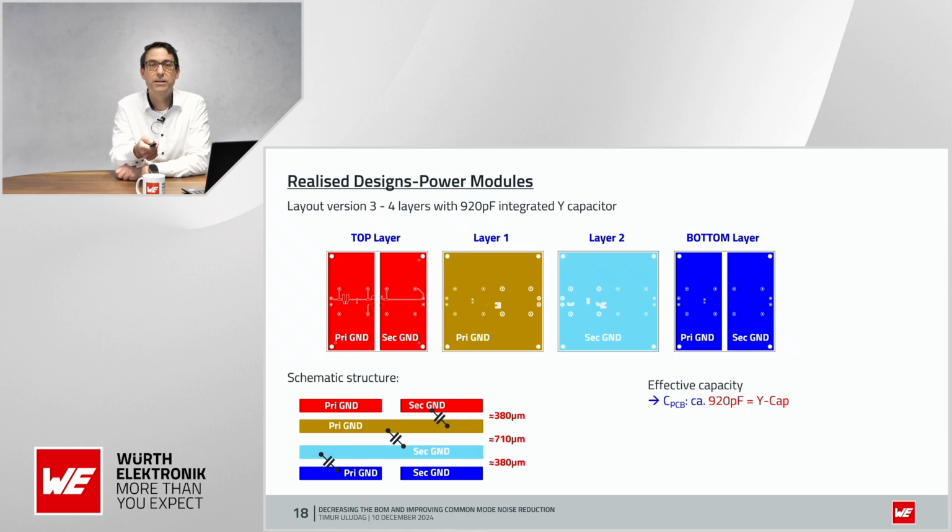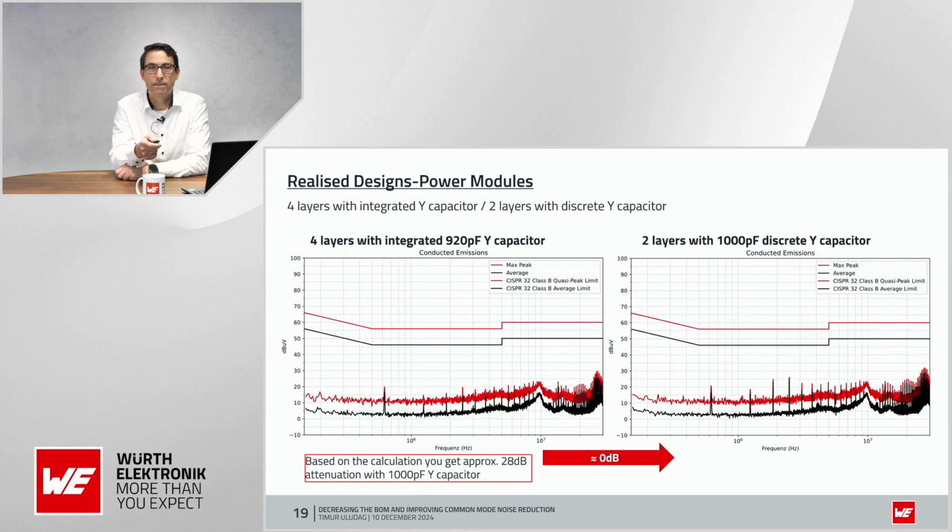If we then check the EMI performance, you will see that the 4-layer design with integrated 920 picofarads has around 28 dB attenuation compared to our design without any intentionally wanted Y capacitor.